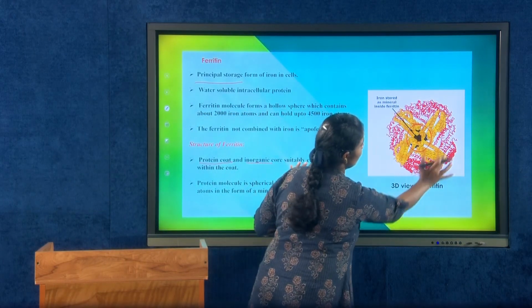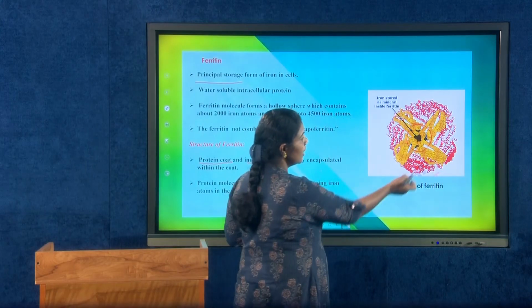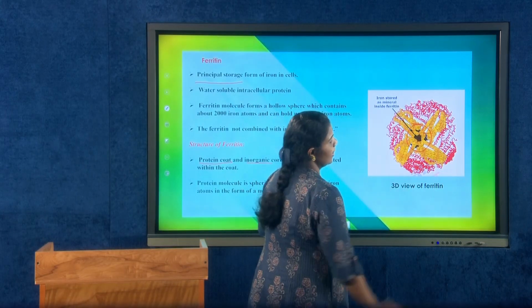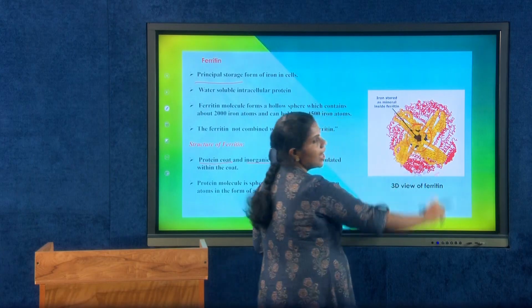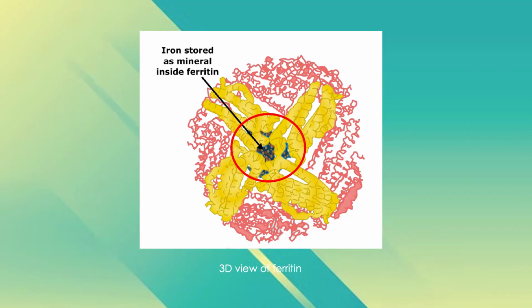Inside you have the mineral iron, or this is the point where iron is stored. The protein molecules are spherical in shape, containing iron atoms in the form of a mineral. You can see the 3D view of ferritin here. It has a spherical structure with the iron core inside the protein sphere.